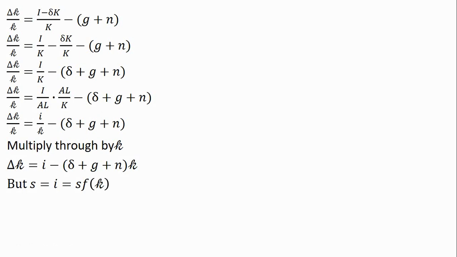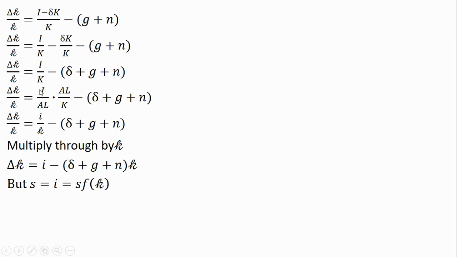It doesn't matter, it still gives me the same thing. If I say I over AL times AL over K, it is the same as I over K times AL over AL. Remember, if you look at multiplication, the order doesn't matter. So here I also multiplied. Here these remain the same because I told you they will cancel out, and I'm having this.